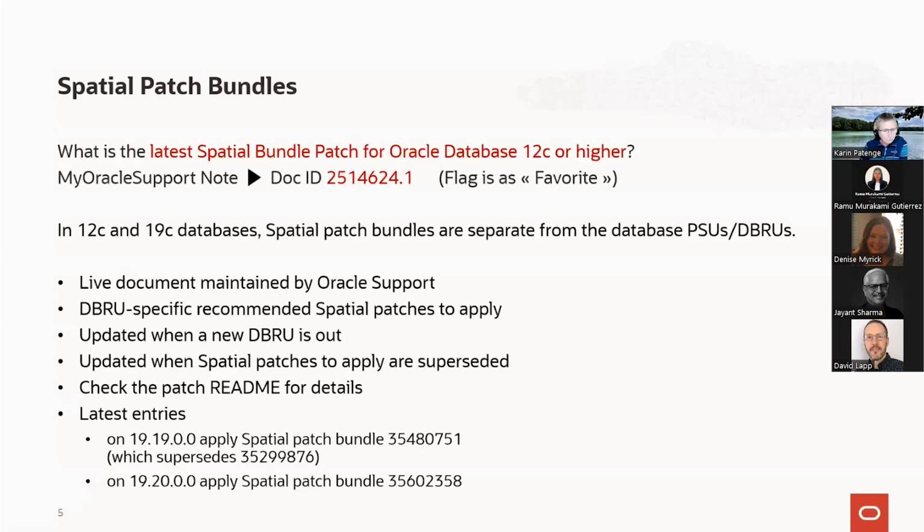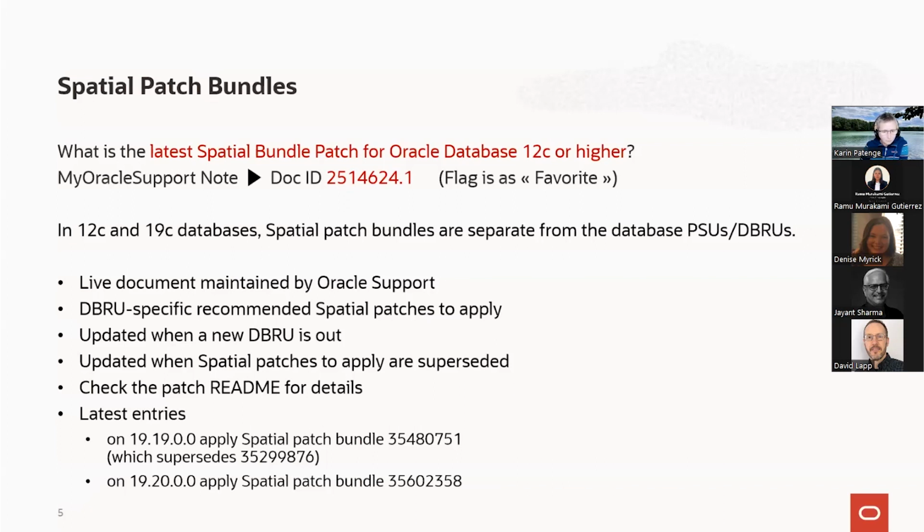So check the README for details for a specific bundle patch, in order also to find information about the things that have been fixed, or things that are new to a certain bundle patch.